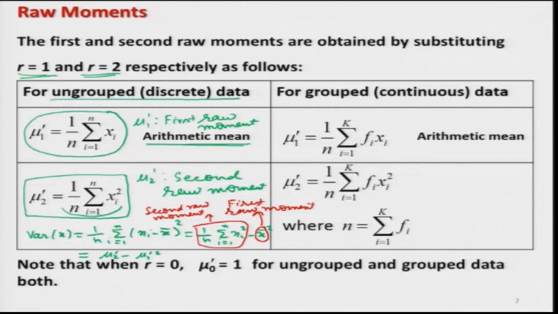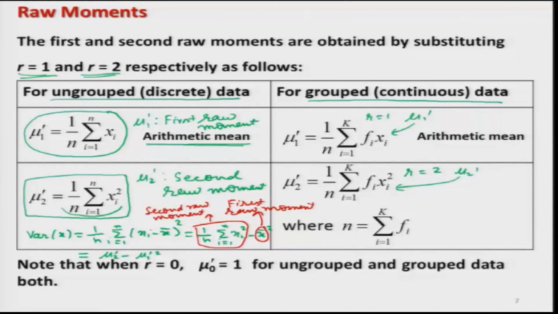Similarly, if you take the grouped data, then when I substitute r equal to 1, I get mu 1 prime, defined like this, which is the arithmetic mean once again, and when I put r equal to 2, I get mu 2 prime, defined like this.